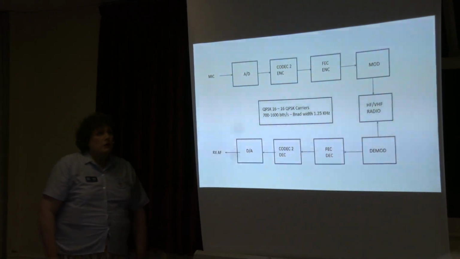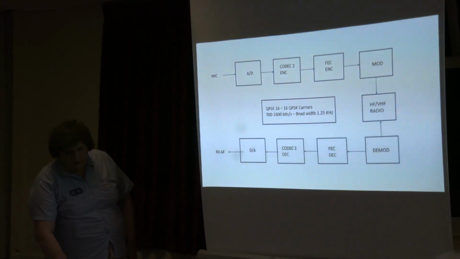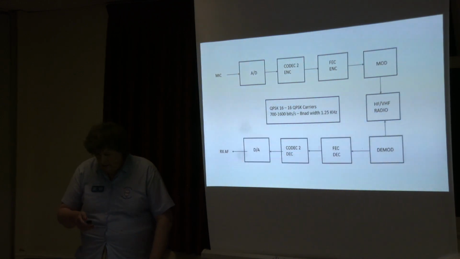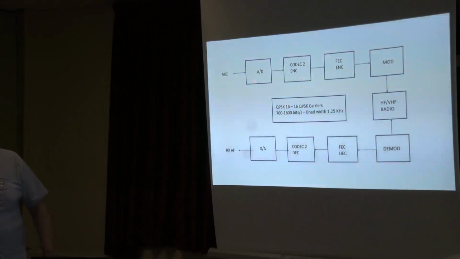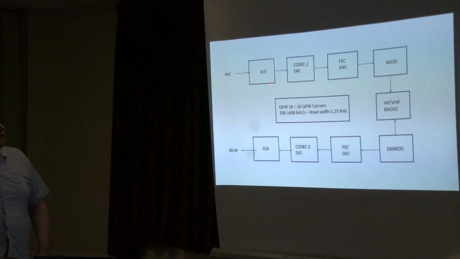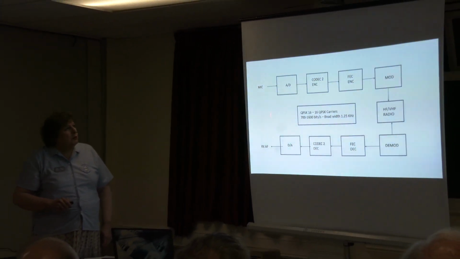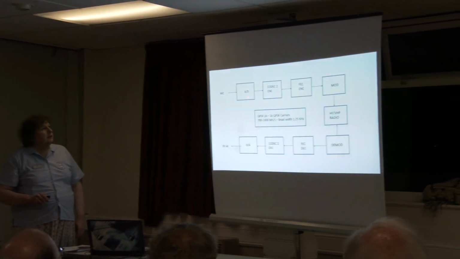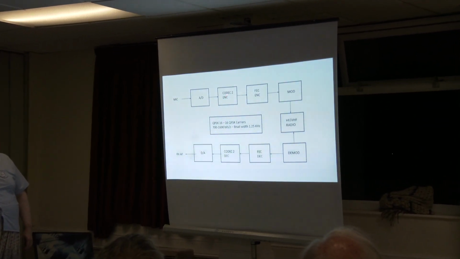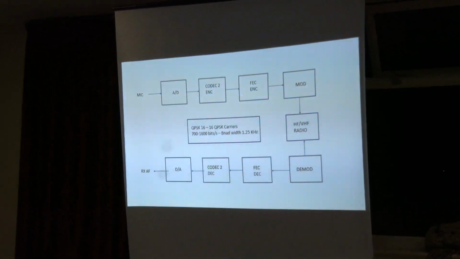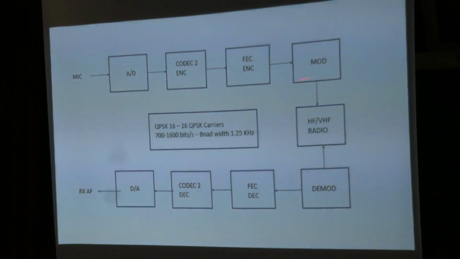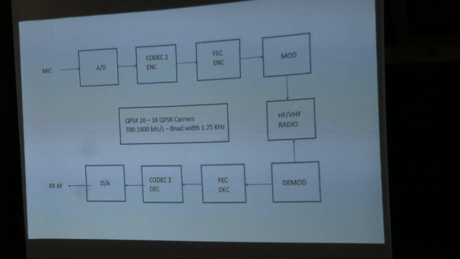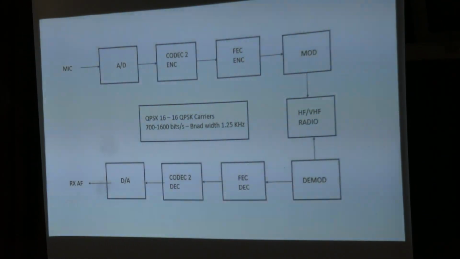Now, what's in it as such? Well, first of all, I'm going to come around this side. We have Codec 2, which is what the whole thing is based around. We have our A to D converter. We then encode it. We have our forward error correction on encode. We go to our modulator, which then feeds into the HF or VHF radio.